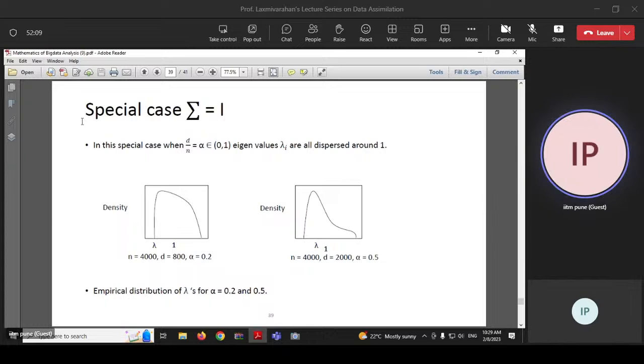But look at the distribution. When n is 4,000, d is 800, and alpha is 2, are you making it? The distribution of eigenvalues is not all at 1, but over an interval. Uh-oh. What does it mean?